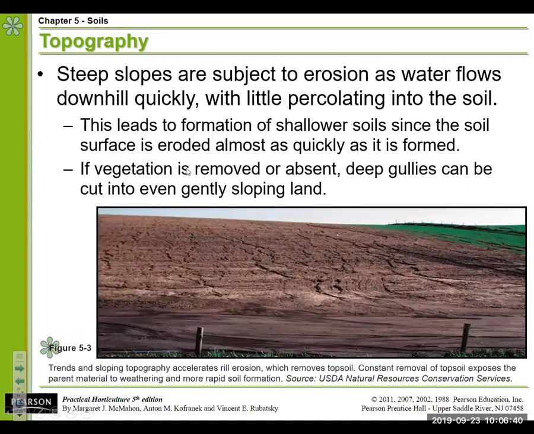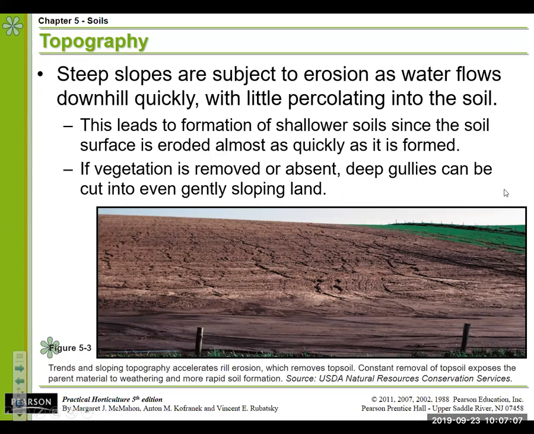And if we have vegetation removed, then we can have really deep gullies cutting into, in some cases, even gently sloping land. And really, the best thing you can do to prevent erosion is just to keep soil covered. That doesn't necessarily need to be through plants. It could be through a mulch, for instance.